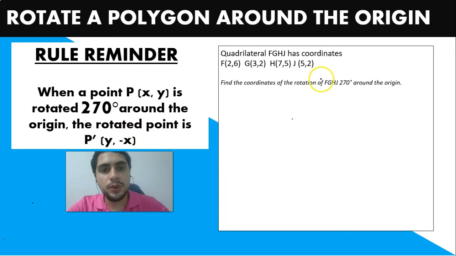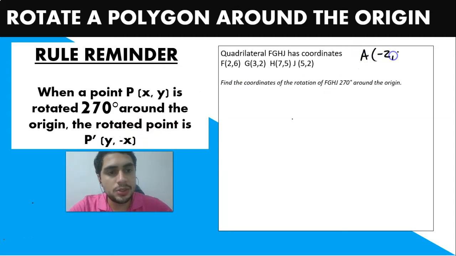So if we have point A, which has coordinates minus 2 and 5, for example, our new point A is going to have an x coordinate equal to the value we had of y, so it's going to be 5, and then the y coordinate is going to be the negative of the value of x it had. So in this case it would be negative negative 2, which is positive 2.